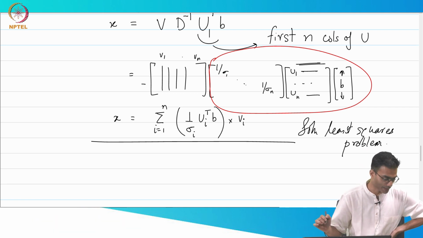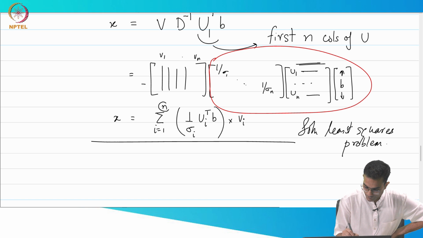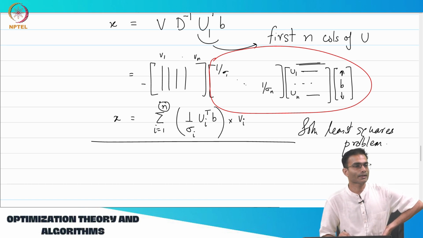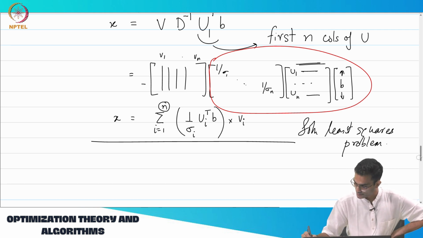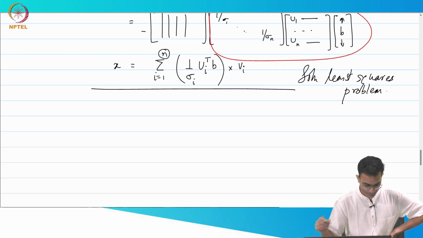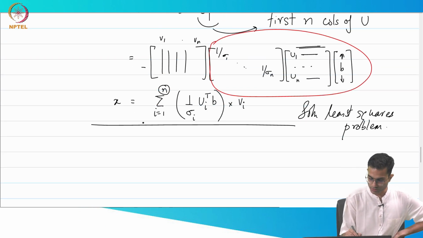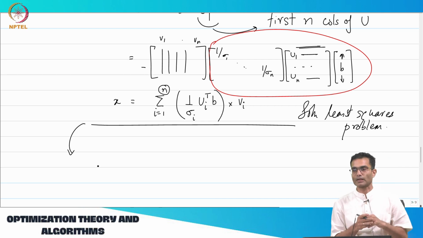So now let's have a look at that. I've written n over here because we said that the matrix had full column rank. Now let's make things a little bit more interesting. This summation over here, I can write it in a way.